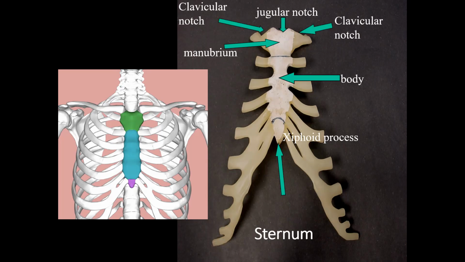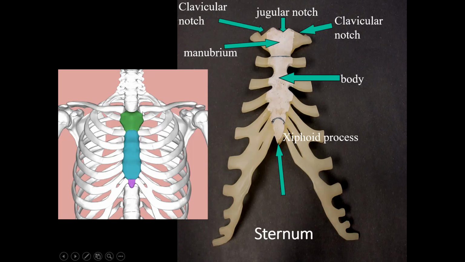The clavicular notch is where the clavicle articulates with the sternum. It's a joint. You can see this joint right here where the clavicle joins with the sternum.